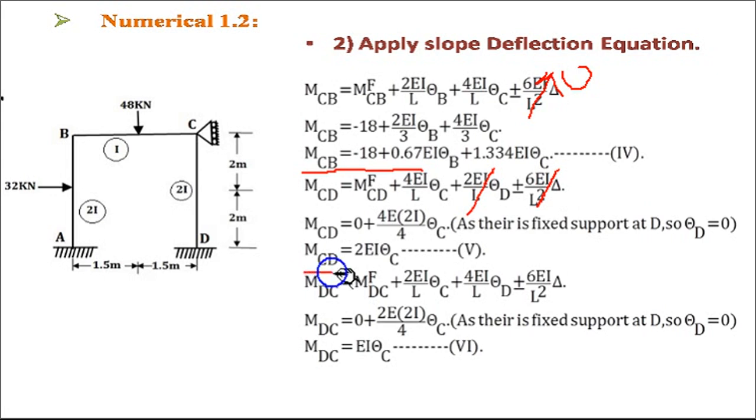So we get the equation of moment for member CD as 2EI theta C. Now the slope and deflection equation for member DC. The fixed moment in member DC is 0. At D there is a fixed joint, so theta D is equal to 0. It is a non-sway frame, so delta is 0. So we get the equation of moment for member DC.